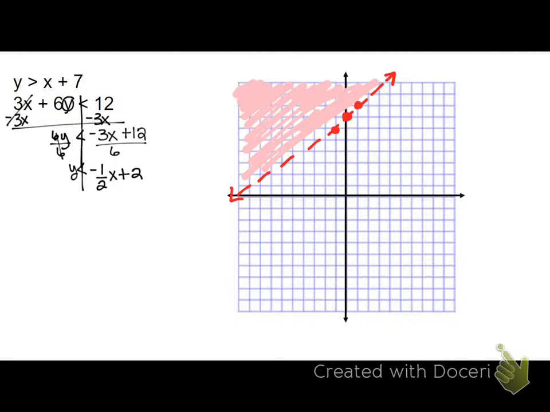All right, let's graph it. Go up 2. My slope is negative, so down 1 to the right 2. Is it dashed or solid? Another dashed line.